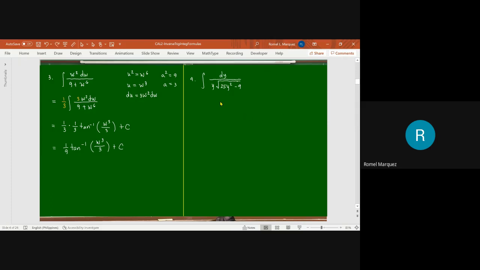Let's have here. What is u squared? 25 y squared. You can have u immediately if you want. A squared, 9. So instead of a squared, you can immediately have a is 3, u is 5y.